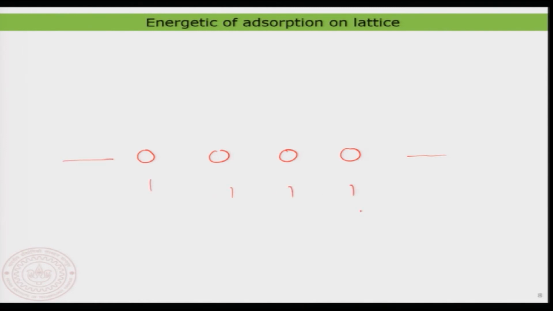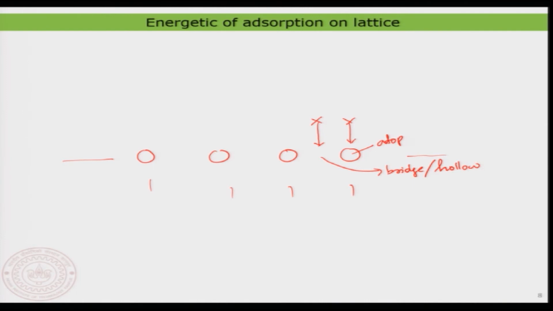The point I want to make here is that, as we have already discussed in the previous slide, the atom could approach along this particular point, or along this other point. In that case, the atom is going to come to an atop situation, and here it is going to come to a bridge or a hollow site, depending on where it goes.